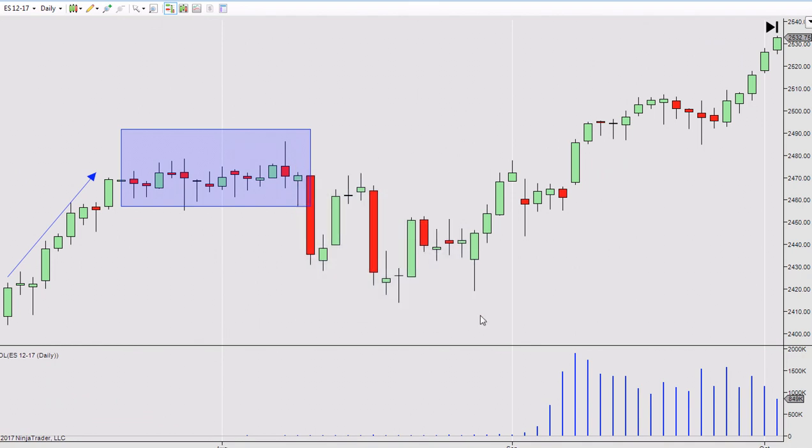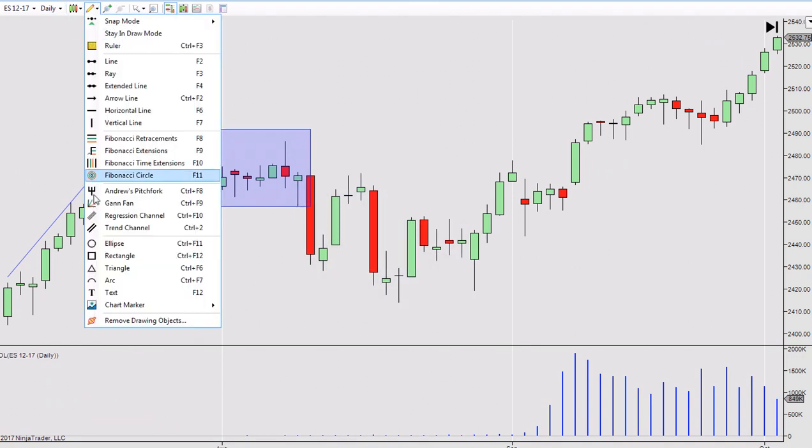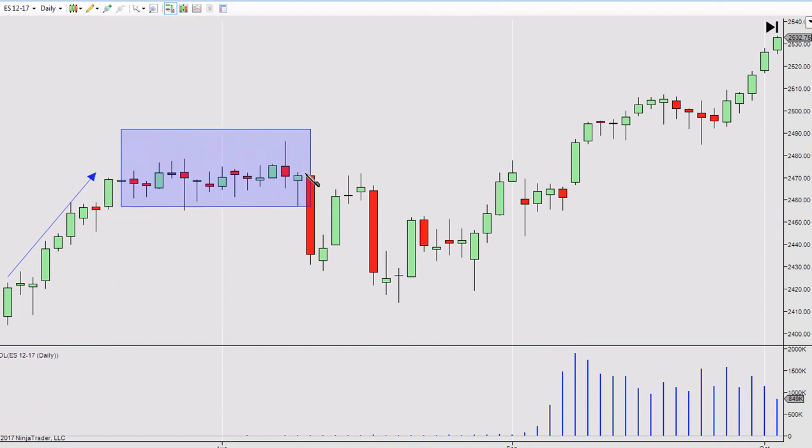This is a trading range, a high volatility sideways period. Why is it high volatility? Because we've got big candles. We don't need an indicator to see that, because here we have small candles and here we have big candles. Big candles is high volatility.